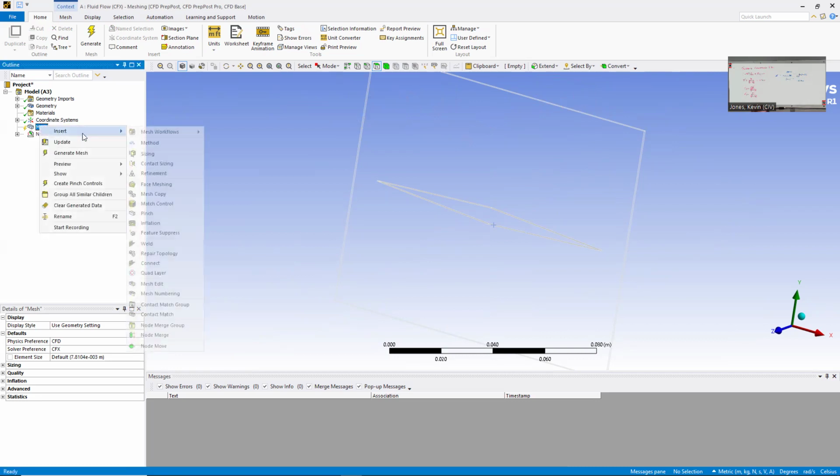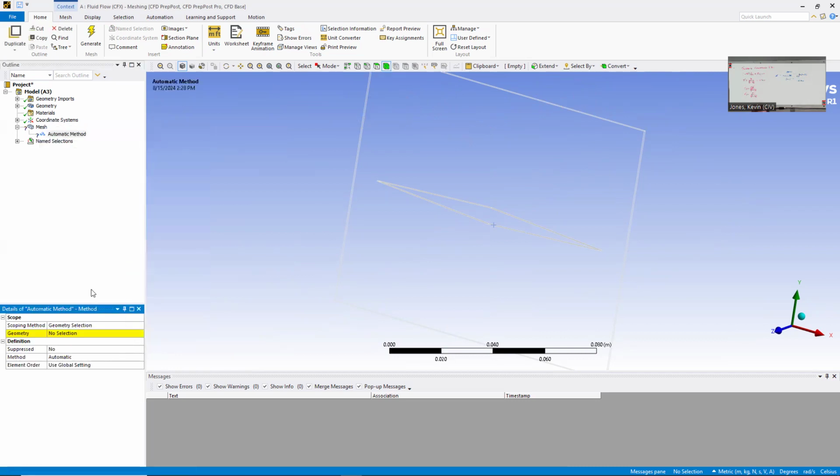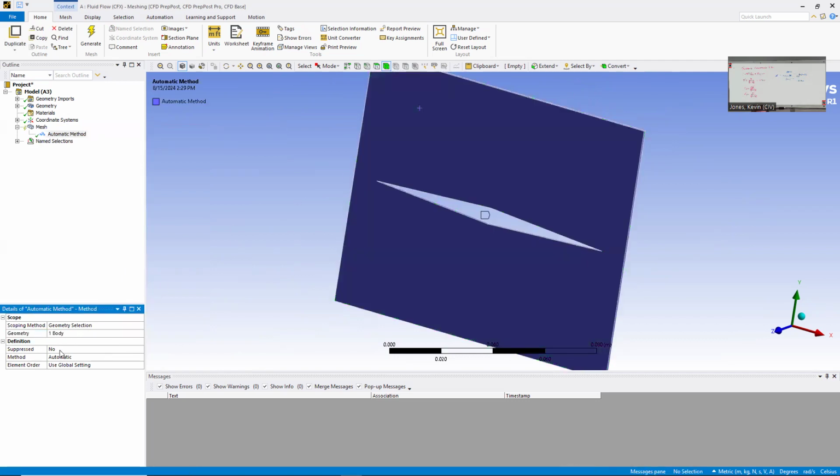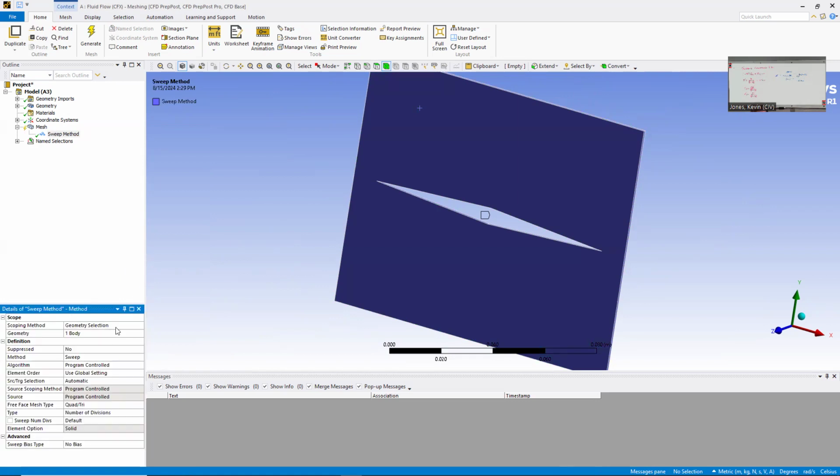So let's see. Insert method, volume, sweep. Target.